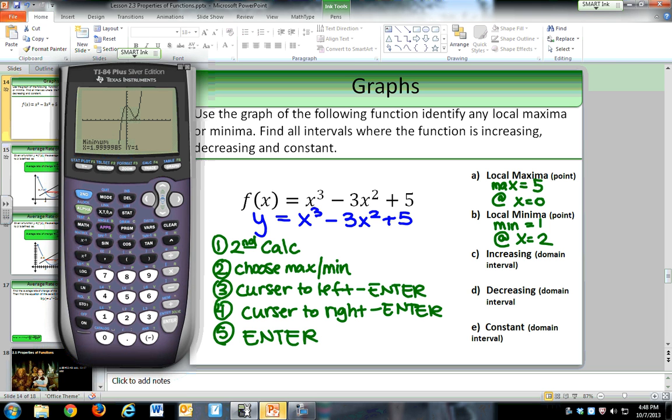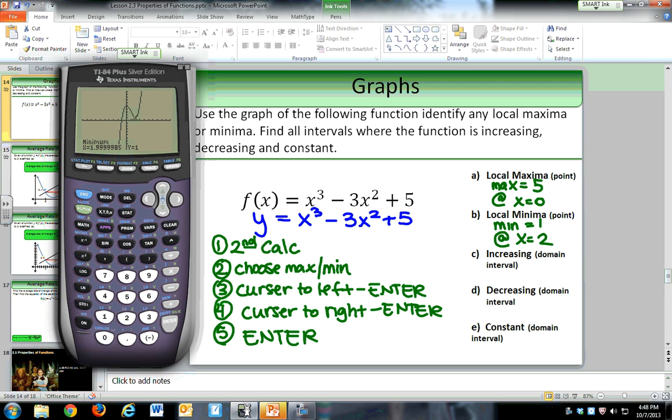Now that I know that maximum point and that minimum point, that's going to help me find where it's increasing, decreasing, or constant. We can see on our graph where it's increasing and decreasing, and now that I have the max and the min, I can state those exact points.